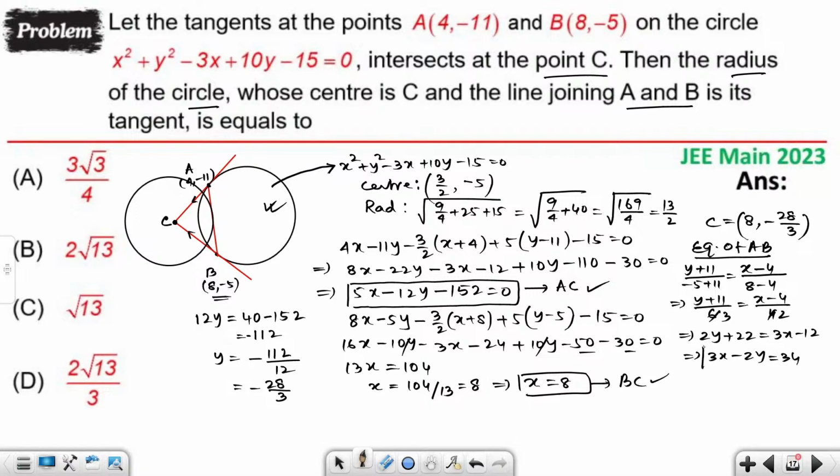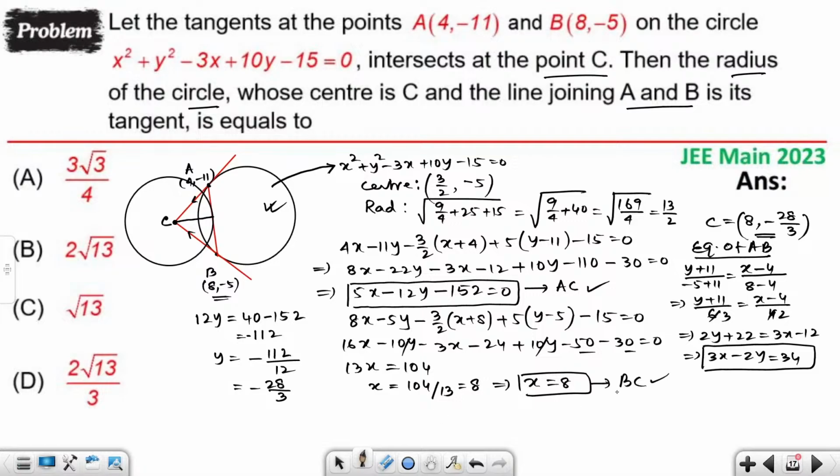So this is the equation of AB. Now, if you want to find out the radius, I will simply draw a perpendicular on the tangent, and that will be the radius of the circle. Clear? So the perpendicular will be drawn from the center of the circle, whose center is at C, and whose coordinate is 8, minus 28 by 3.